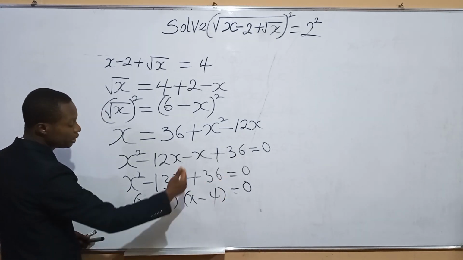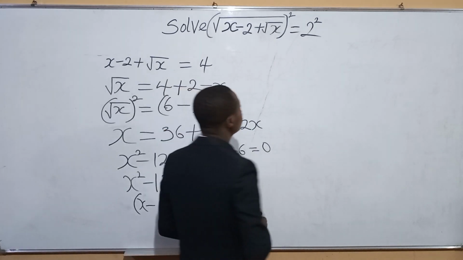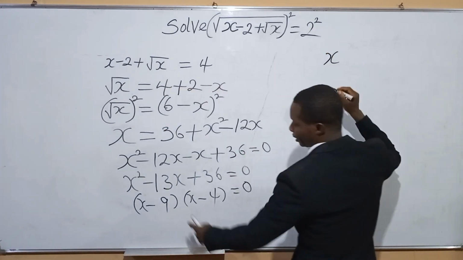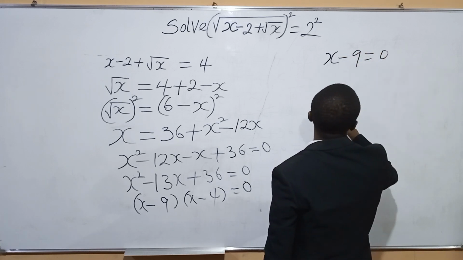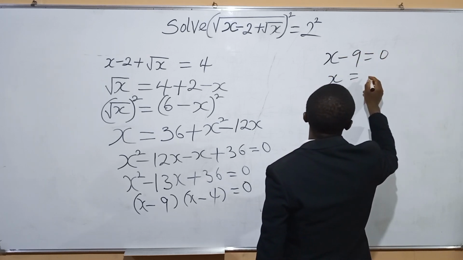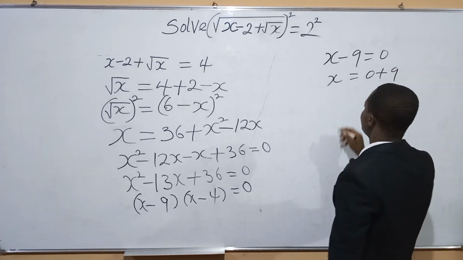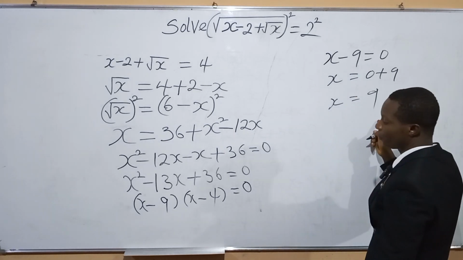We are now going to equate each of these numbers. We equate each of them to 0, which means we have x minus 9 equal to 0. This will give x to be 0 plus 9, which means our x is equals to 9. That is for the first one.